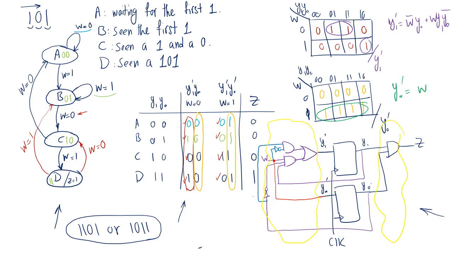So again, start with the state diagram, and then from there go to the state table, then to the Karnaugh maps, and then to the circuit. So this would be step 1, step 2, step 3, step 4. Okay, talk to you later.